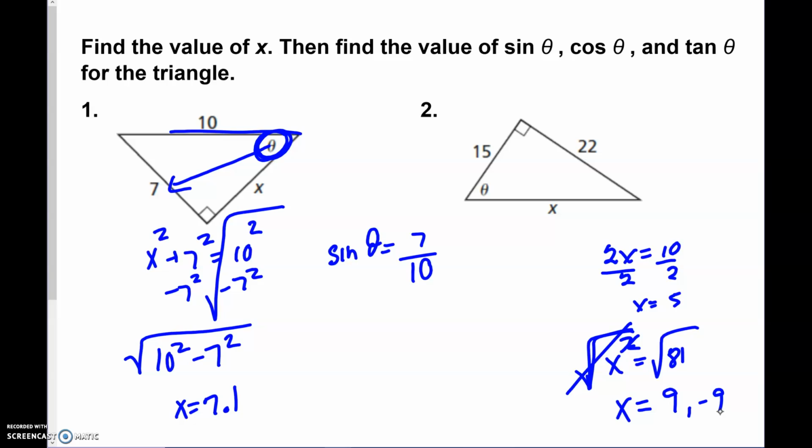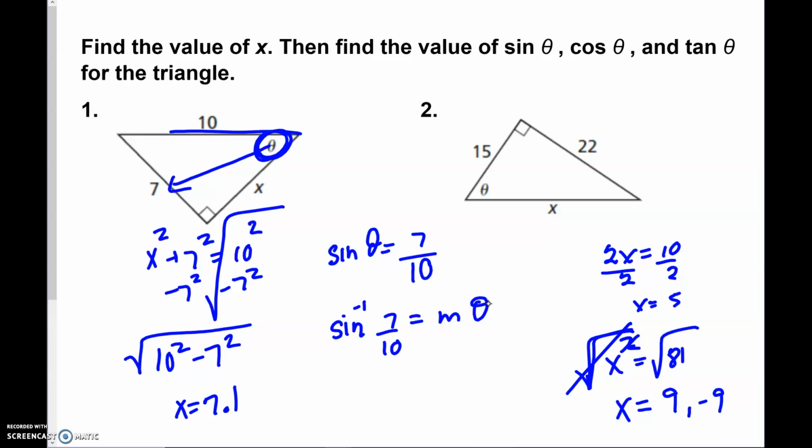So what is the opposite of the sine of theta? If you look at your calculator, right above the sine button, you have sine -1. That means the inverse sine. So taking the inverse sine of 7 over 10 is going to get us the measure of theta.